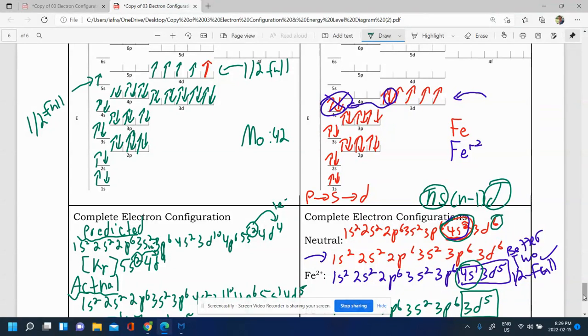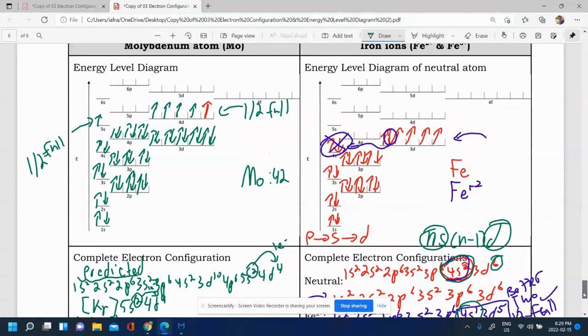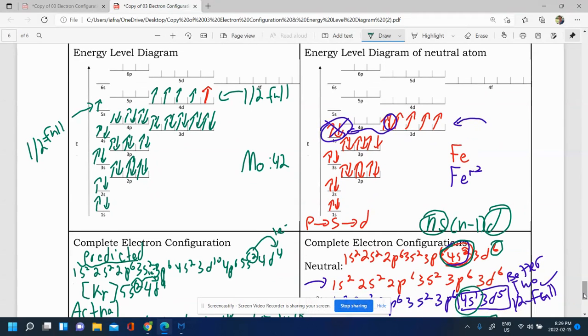Whereas in other metals, like let's say a group 1 or group 2 metal, the valence electrons we're removing from are the highest energy S, and that's essentially it.